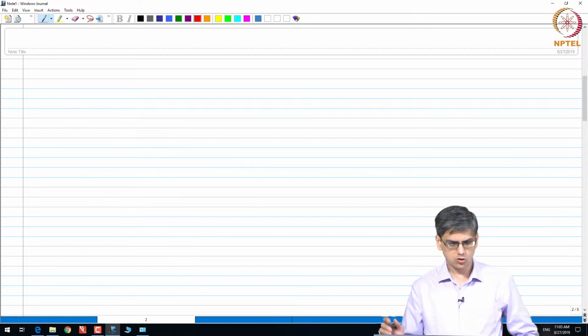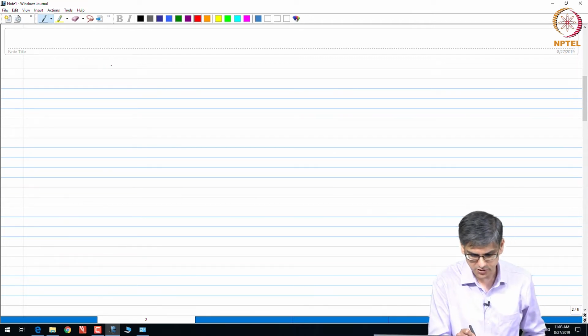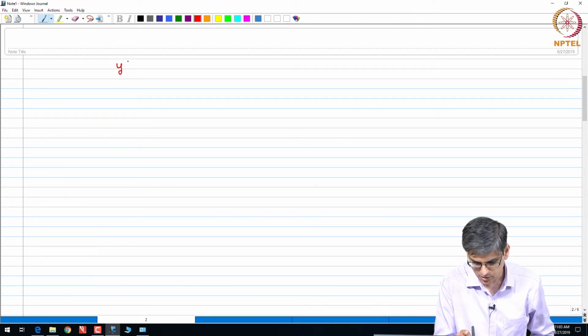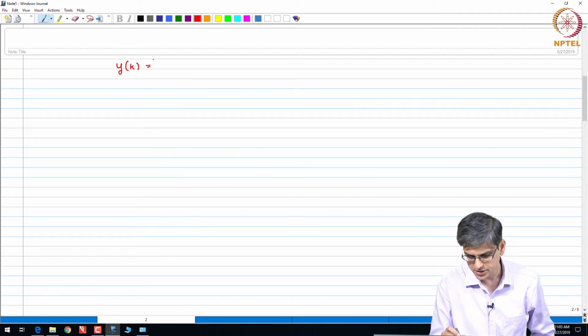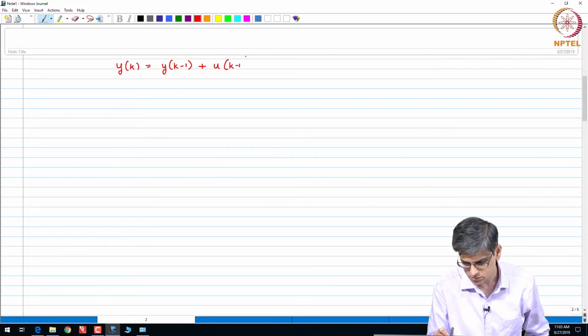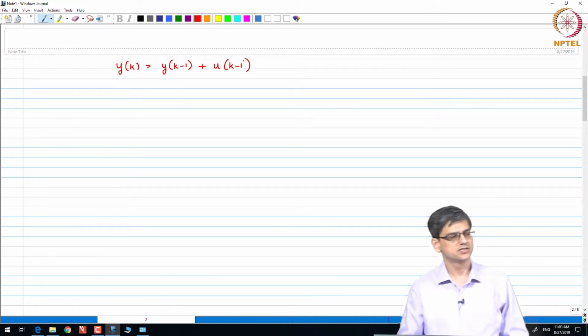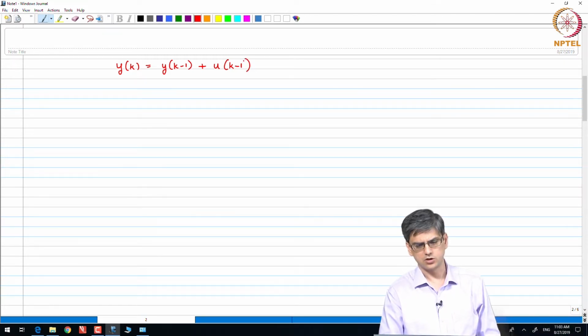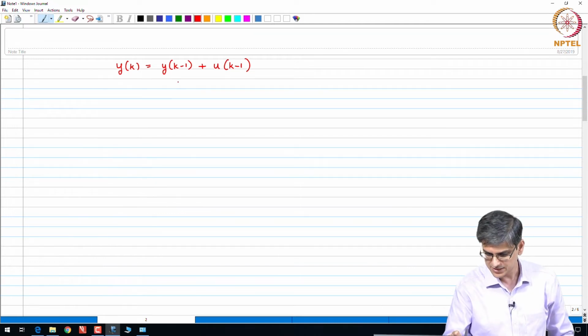Let us consider an equation of this type, y k equal to y k minus 1 plus u k minus 1. This is an example of an input output model. Let us take a Z transform of this.